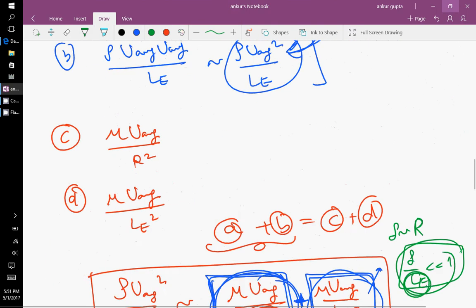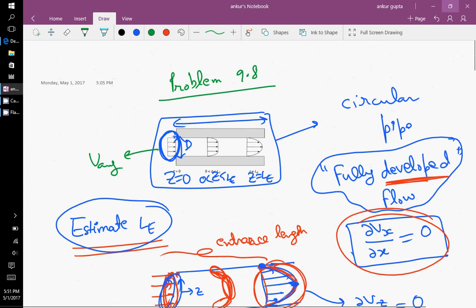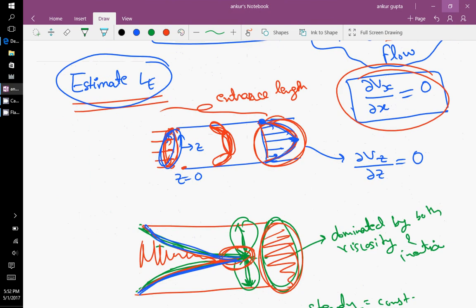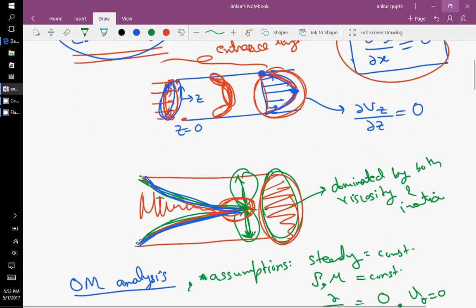So let me recap what we did in this problem. We were given the problem of calculating when we can assume fully developed flow. We discussed that when the flow comes in initially, it is completely uniform, and the velocity evolves as it goes within the pipe, and after some distance the profile becomes completely parabolic. To explain this using boundary layers, we said that the boundary layer grows from both sides and meets in the center, in the case of parallel plates or similar to pipe flow.